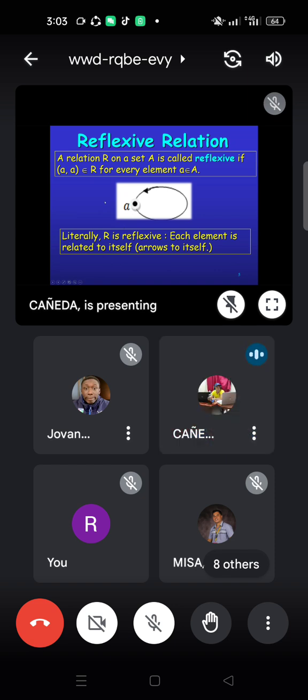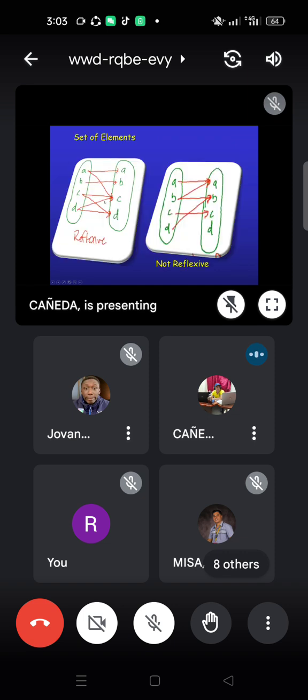In a graphical representation, we have a domain and a range containing the elements a, b, c, and d. A maps to A, we have also A maps to C, B maps to B, C maps to C, D maps to D.